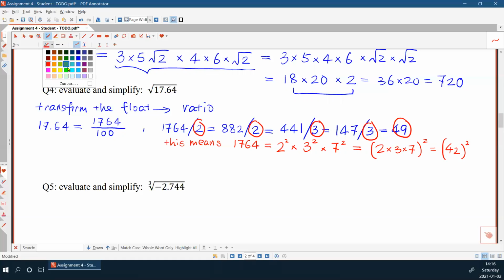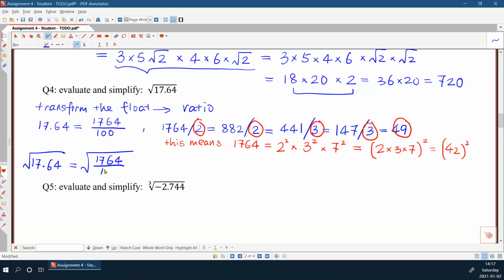Okay, so this problem becomes square root of 1764 over 100, which is the ratio between these two square roots. Okay, because 1764 is 42 square, right?